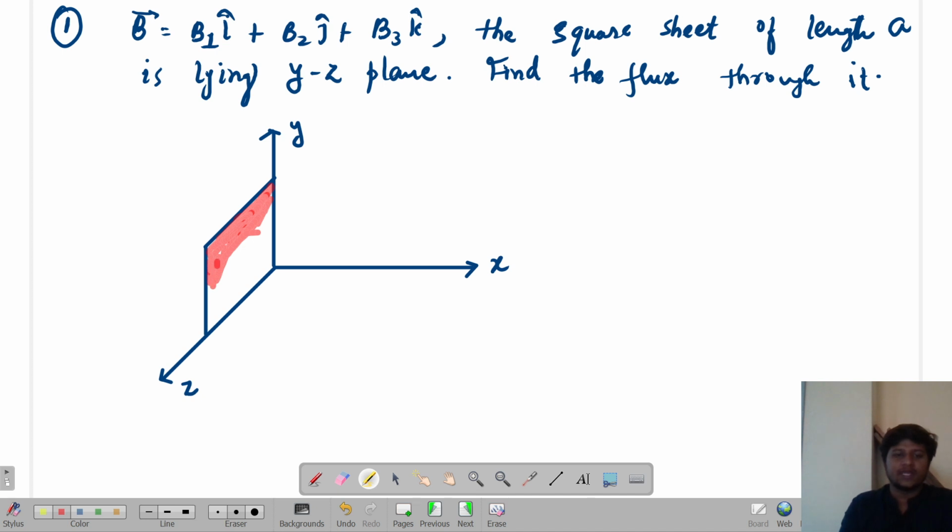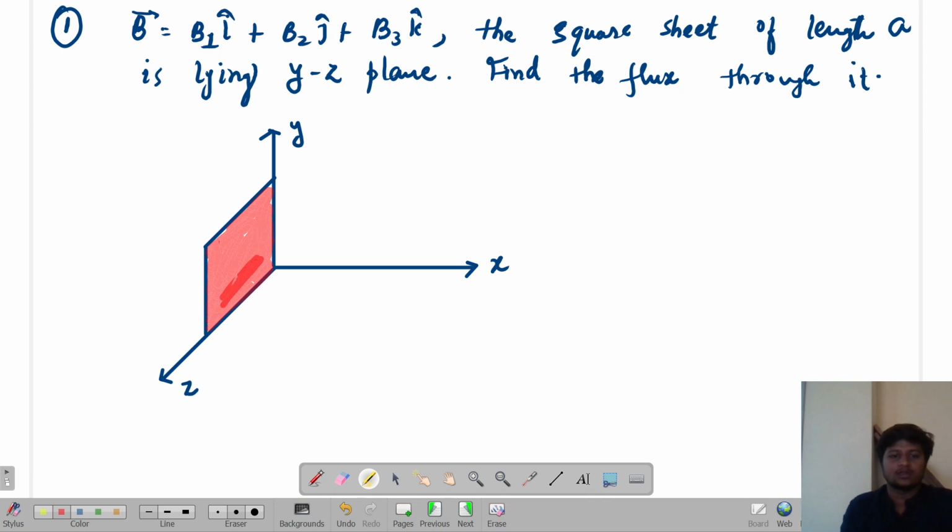If it is in the YZ plane, where is the direction of the normal? This is your rectangular sheet in the YZ plane. Okay, so let me do some drawing.